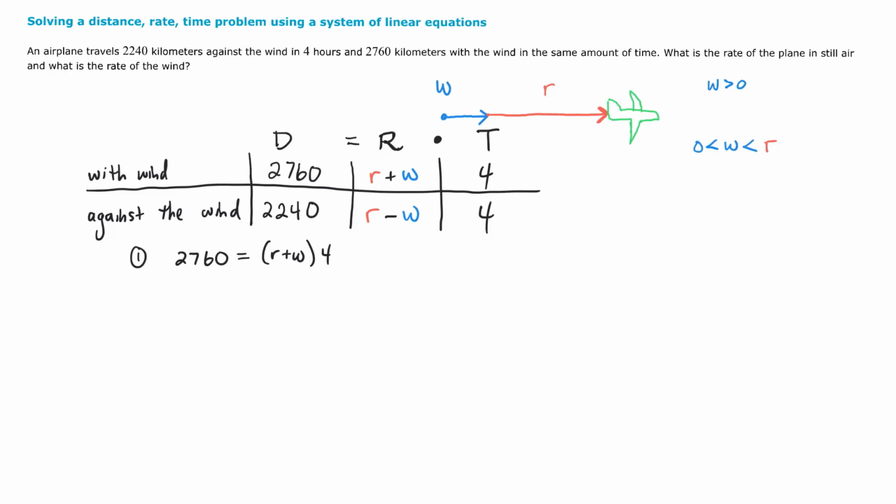And equation 2 could be 2,240 is equal to R minus W times 4. 2,760 is divisible by 4, and 2,240 is divisible by 4. So we could actually simplify these equations. We could divide the entire sides by 4. I'm going to write a little small and fit them in there.